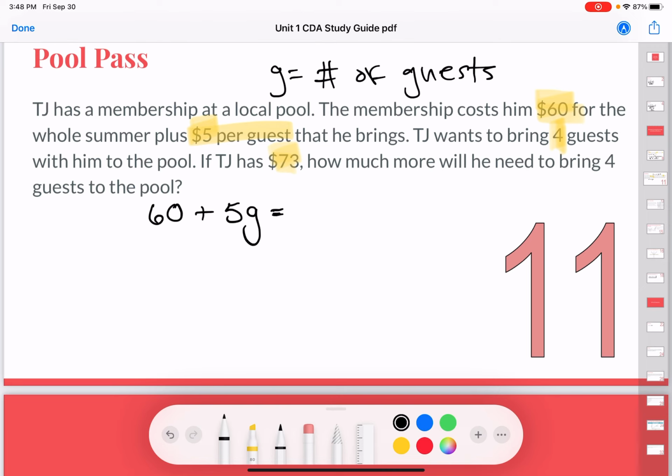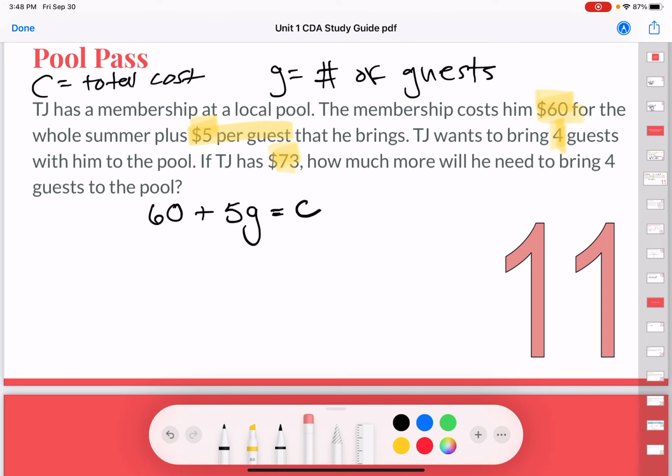So let's call that C, total cost. Since I don't know what it is, I'm going to represent it by a letter. So now I have 2 unknowns, G and C. But I actually do know what G is because it says that TJ wants to bring 4 guests.